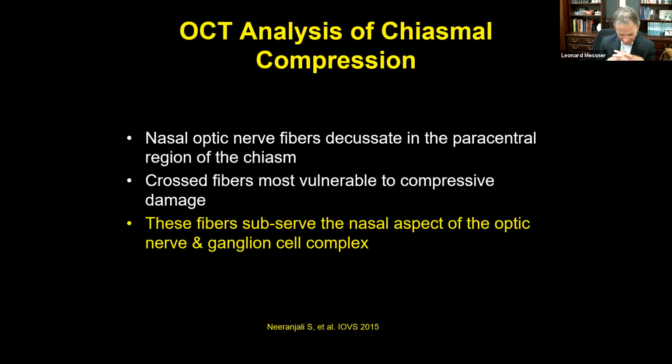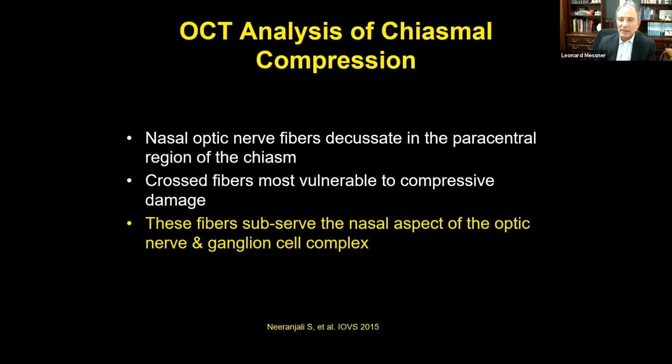Going back to high school or college physics, if you think about a force being applied to an object where there are cylinders coursing through the object, there's going to be more relative impact applied to those fibers, those cylinders that are crossing over one another, as opposed to those that are going straight back.